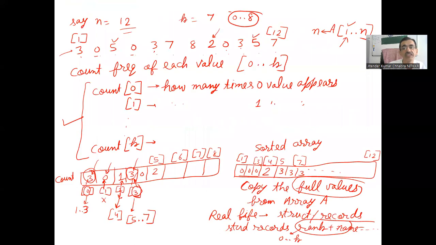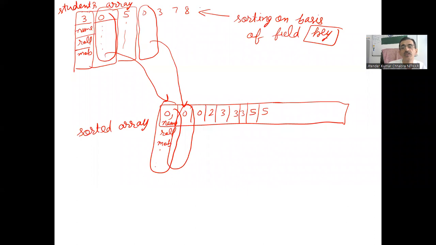Similarly, as we have seen, 0, 3, 5, 7, 8, 2, 0, 3, 5, 7, so I will say the same values. We have this 0 also, and this will come to this position. So this whole record comes. Similarly, this whole record comes.